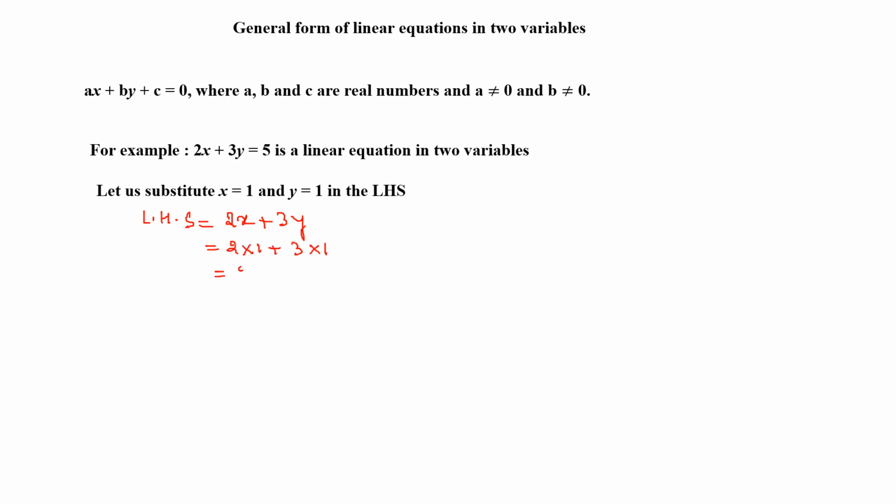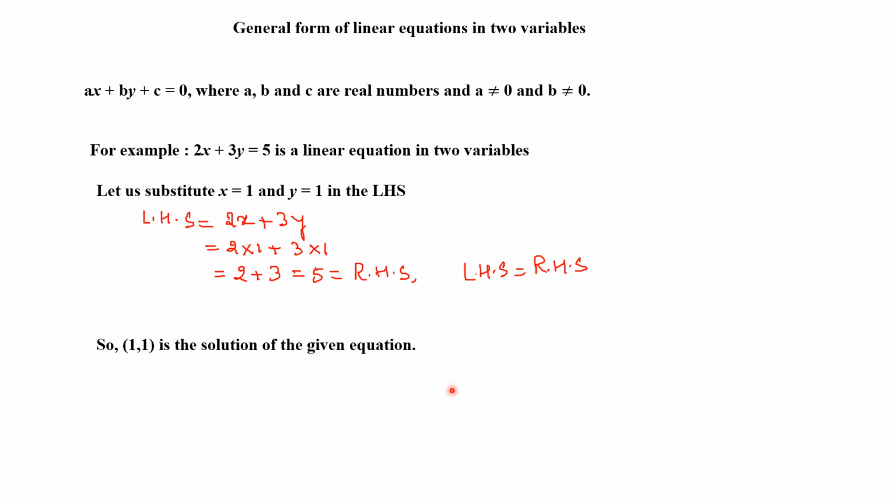So it will become 2 plus 3, which is equal to 5, and you can see your RHS is also 5. So here I can say my LHS is equal to RHS, isn't it? So when your LHS is equal to RHS for the values of x and y, we say that x equal to 1 and y equal to 1 is the solution of this equation because it is satisfying it. So 1 comma 1 is the solution of the given equation.